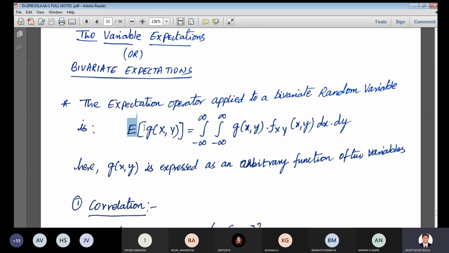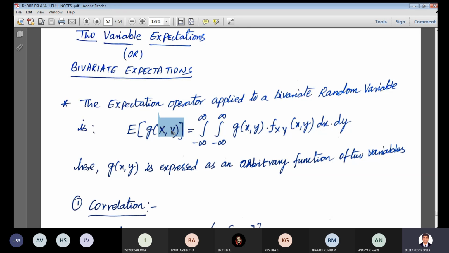Let us say we have some function g of x and y. Sometimes this can be just x. But we cannot write only one x here because it is two-dimensional, x and y. So we should write some function g in two dimensions. It's a random function; you can take any function which has the x and y parameters.